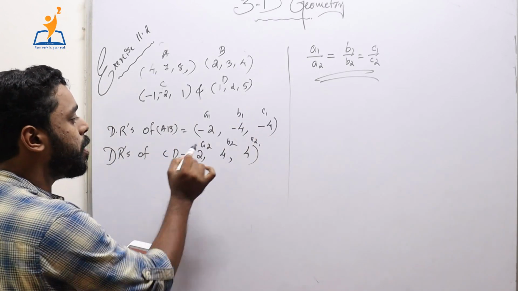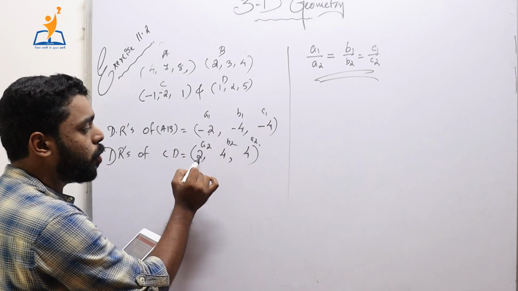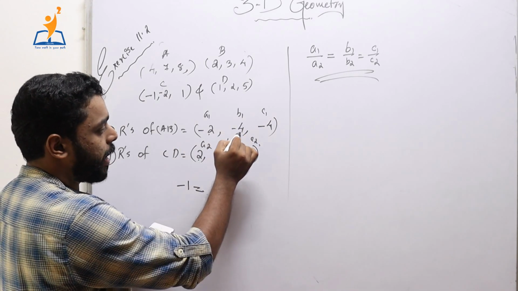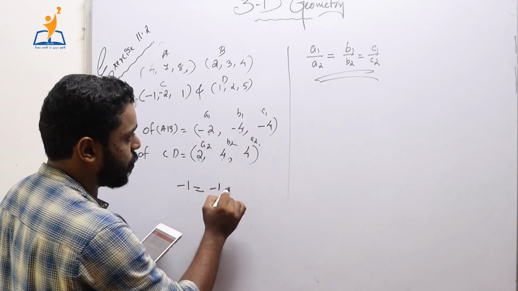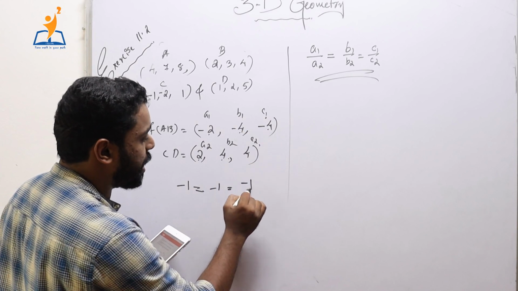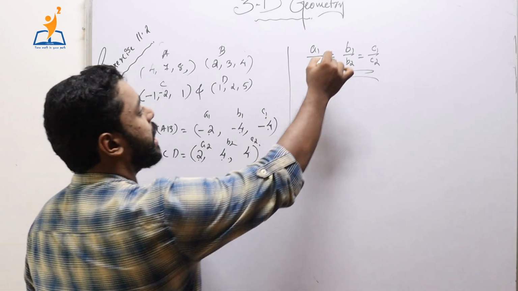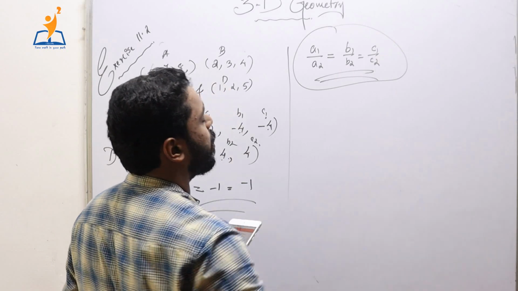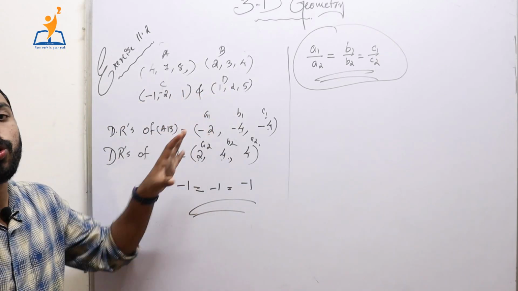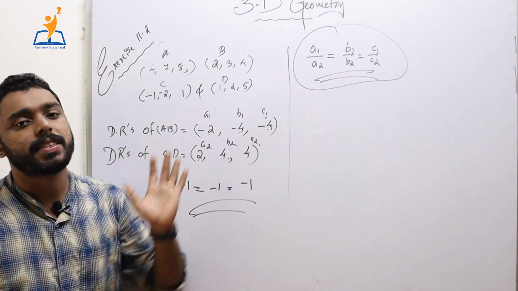A1 by A2 is minus 2 by 2, equal to minus 1. B1 by B2 is minus 4 by 4, again minus 1, equal to C1 by C2, again minus 4 by 4, equal to minus 1. So these two lines are parallel by this condition.